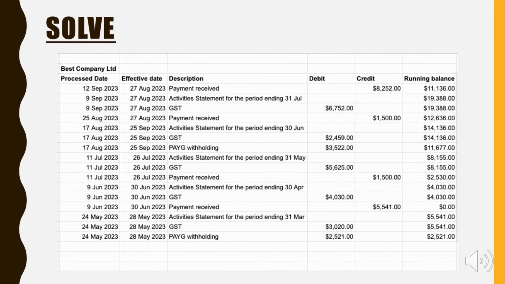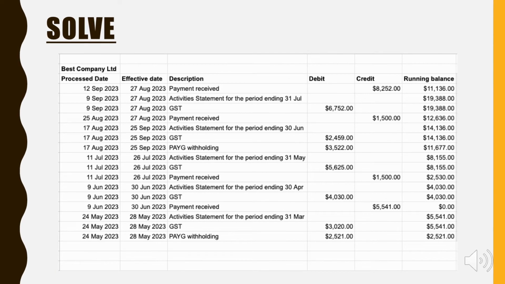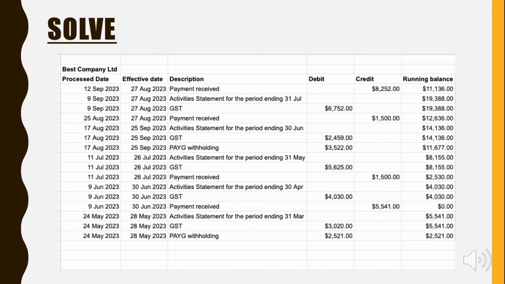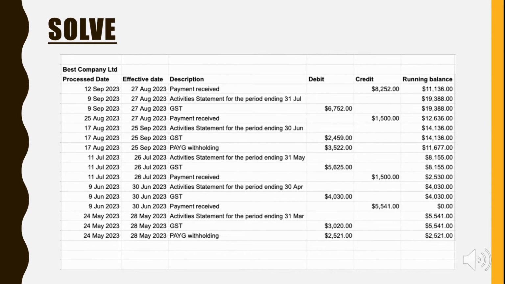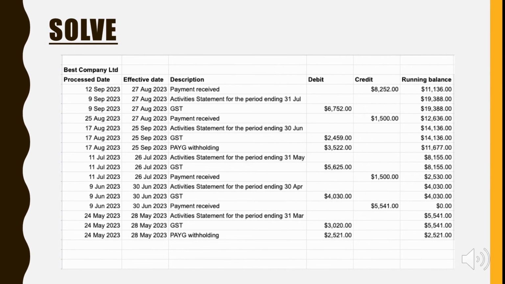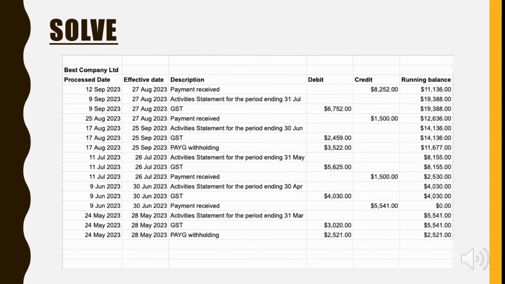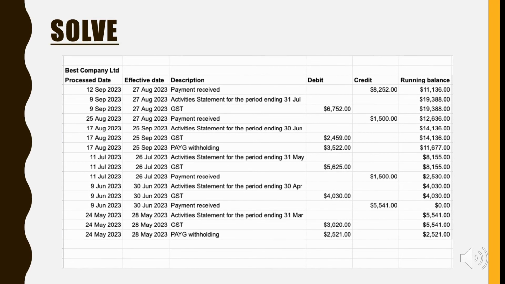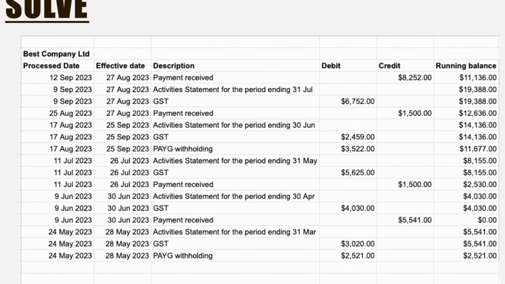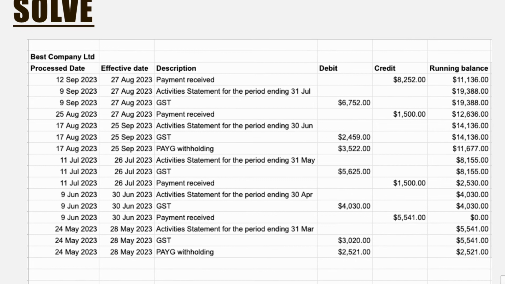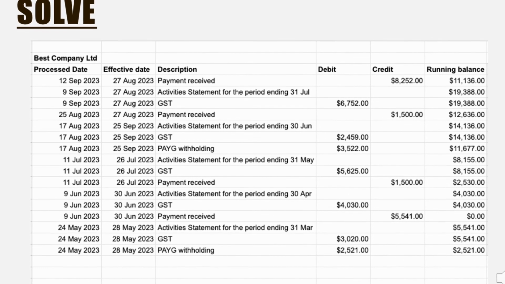Alright, on the screen here we have the data extracted from a client account. It shows all the payments, the GST and the PAYG withholding during a period of time during the year that you interact with the government. So I will explain a little bit about this statement.